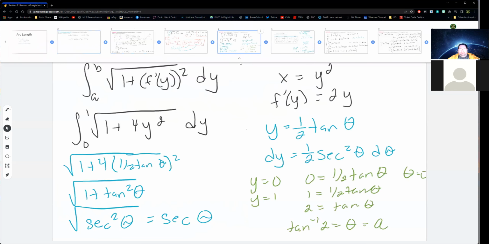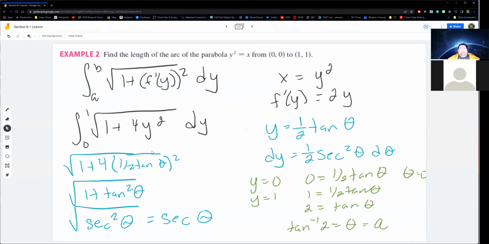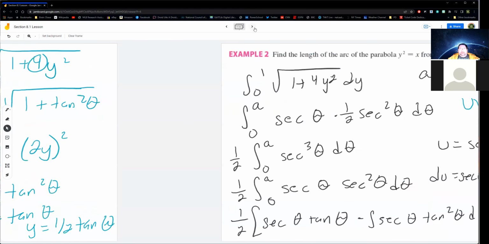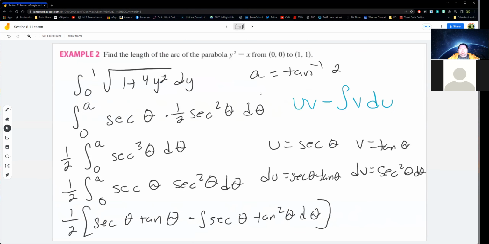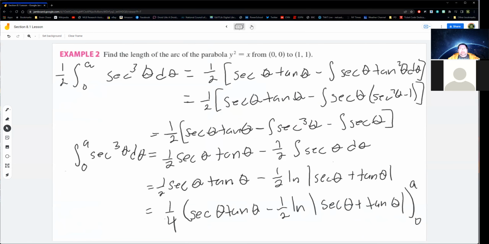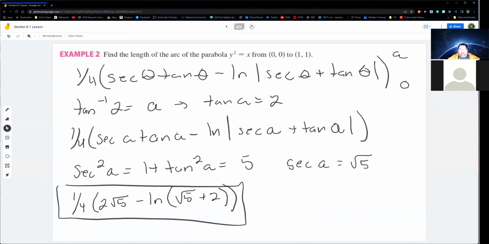This was my original problem. We had to do trig substitution to it, and then integration by parts, and then we had to use all the trig rules to simplify the problem down. So it really comes down to what rules you are going to use, and a lot of those are from chapter 7.